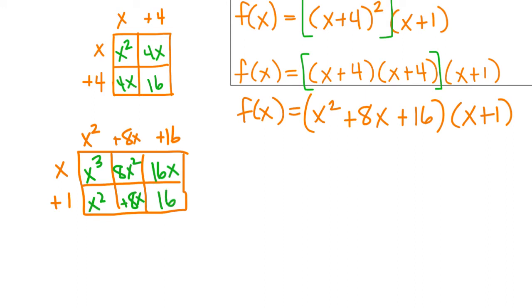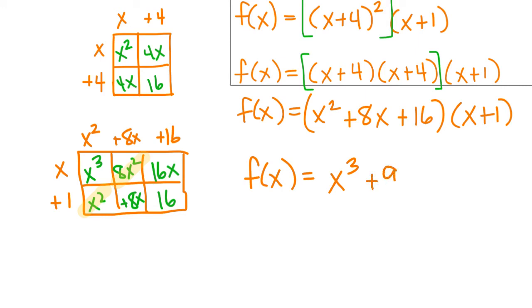Just as we did before, I'm going to combine like terms as I take it out of this box. There's only one term that has x to the third power. But then I have 2 terms that have x squared. That's 1 plus 8, which is 9.